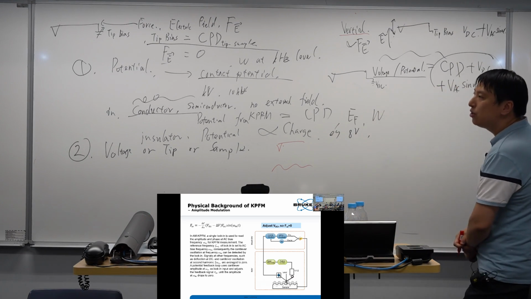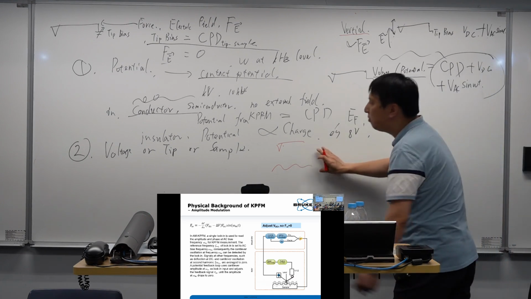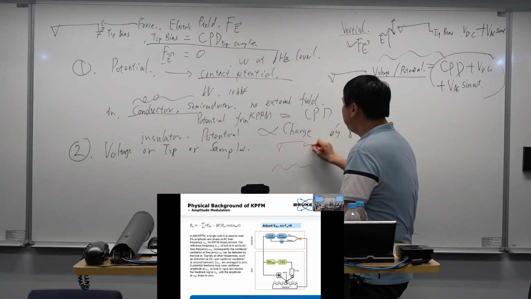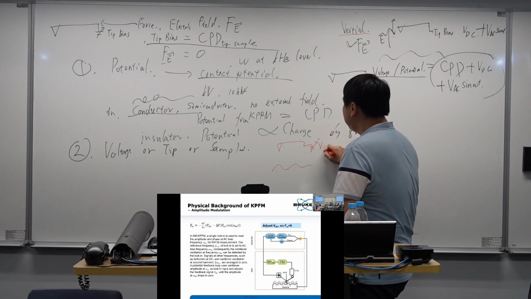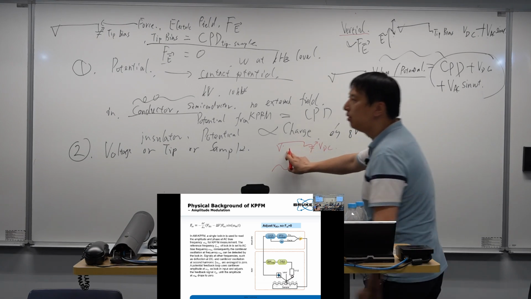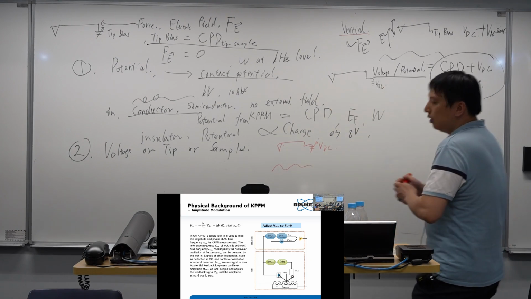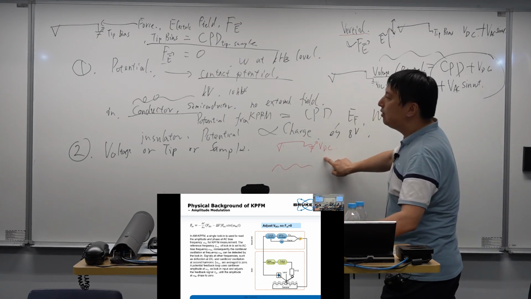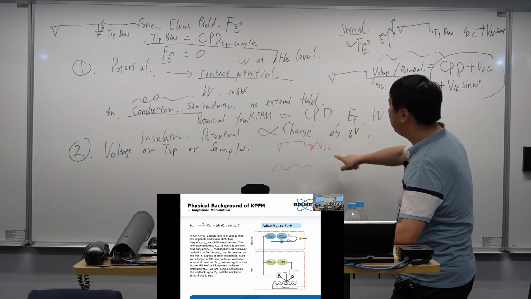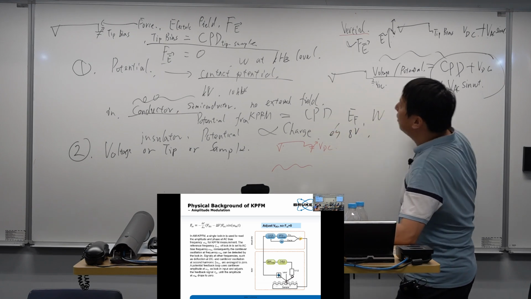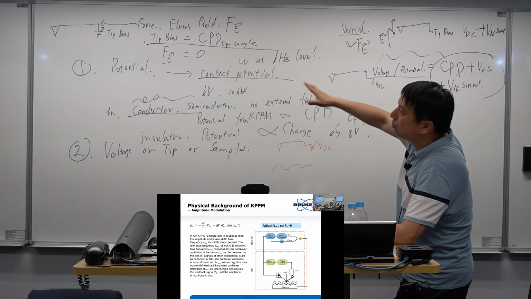Here is my tip, here is my sample. There is a potential difference between the tip and the sample. I apply a VDC on my tip. If this VDC is our final result, I apply VDC and get the amplitude of the vibration to be 0.